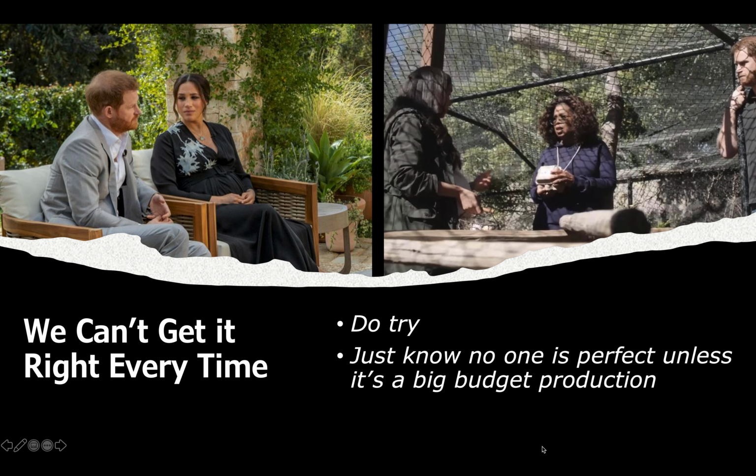Now, this was perceived as a news type interview, less of a documentary or a vlog or anything like that. It was presented as news. And when you do a news story, you go shoot some B-roll. You might want to do a walk and talk interview. In that, you're going to get some stuff that isn't perfect.